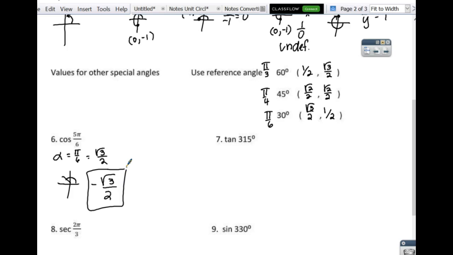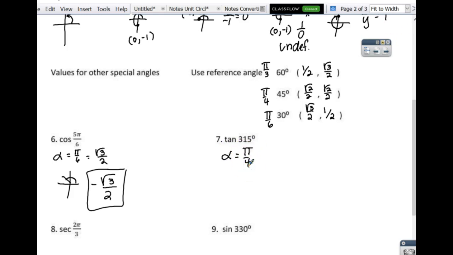We're going to do more. You take the reference angle, you find the value, figure out which quadrant it is, and change the sign. So number 2, 315. First of all, 315 has a 5 in it, so I know it's a 45, right? It has to be 45. So my reference angle is going to be pi over 4.